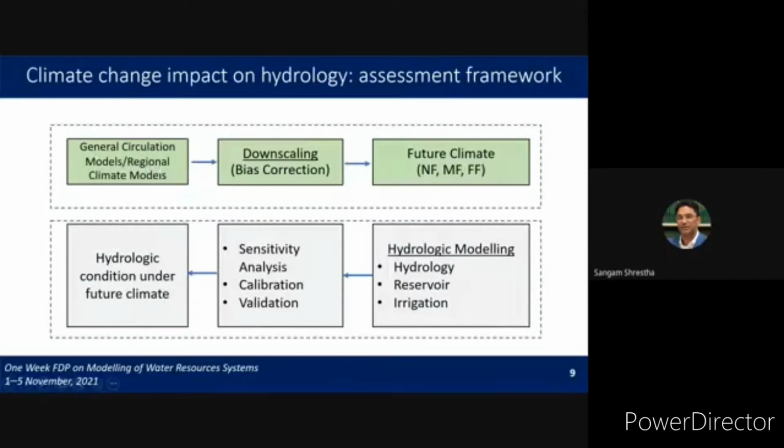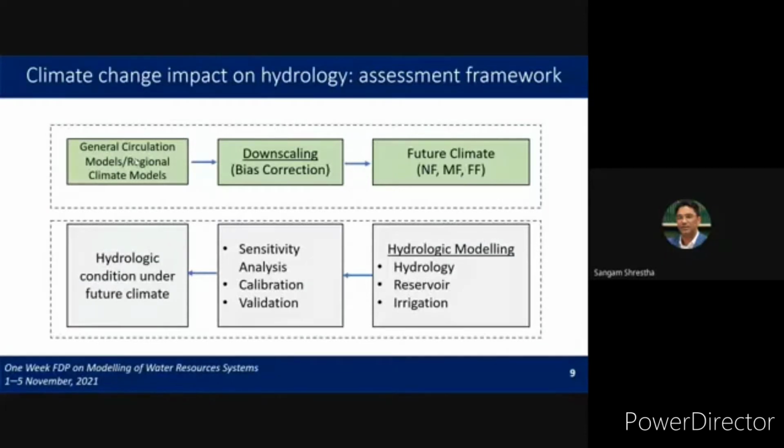So what we need to do is translate the climate data of the general circulation models, GCMs, or regional climate models into the local scale by a process called downscaling or bias correction, because the general circulation models or regional climate models usually project the climate data at a much bigger scale and also coarse resolution.